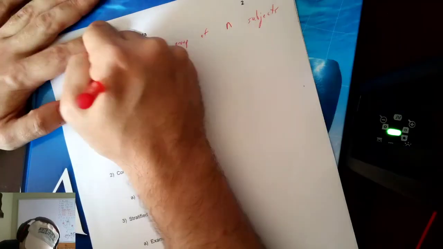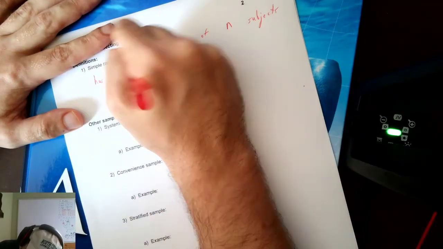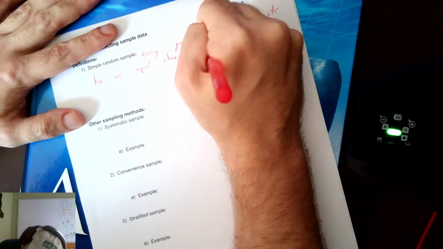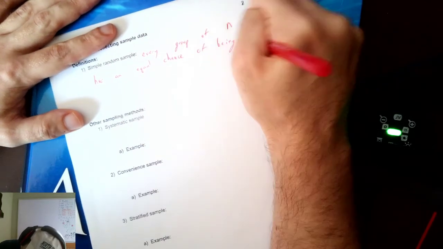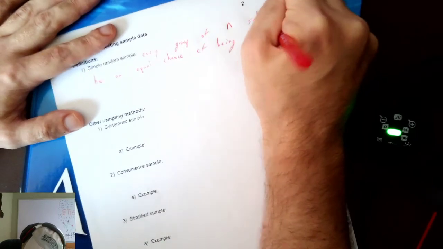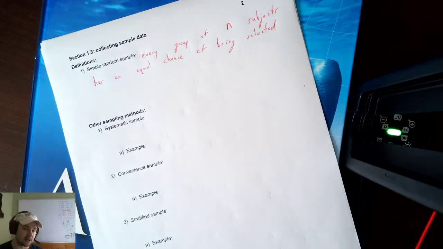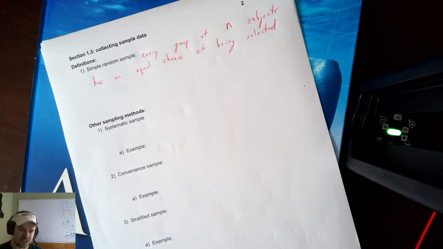Every group of n subjects has an equal chance of being selected. Every possible group you could form is equally likely because it's random. What's the chances any individual group is formed? Well, if you're doing it completely at random, they all have the same chance. That is not true for the other sampling methods we're going to look at.